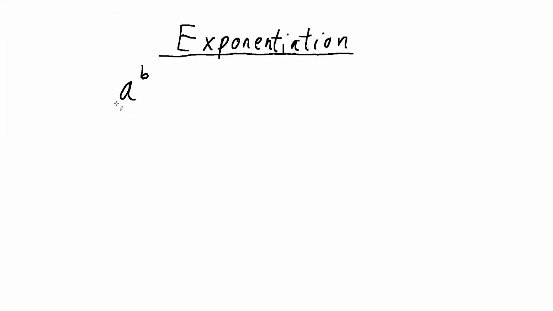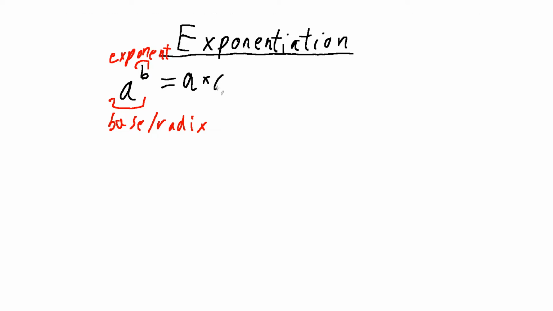Exponentiation is where we have some number, the base or radix, exponentiated by another number, the exponent, and this is the same as saying the base multiplied by itself the amount of times specified by the exponent, so a times a times a times a all the way up to b times.